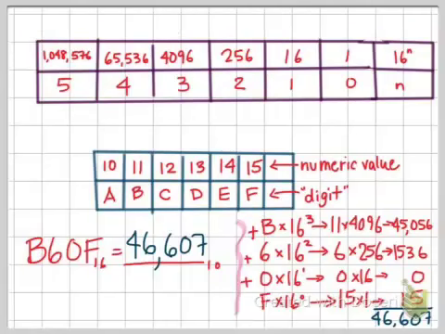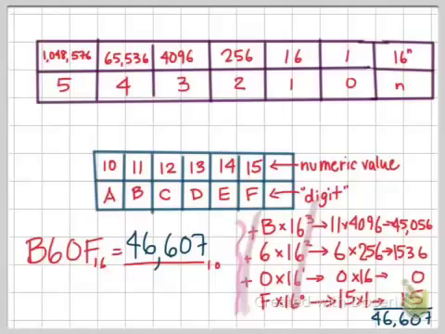Now we're about to go the other way, the harder way, and what is important to remember is that when we did this, we did not skip any powers of 16, and the least significant figure had 16 to the 0th. And when we went this way, we added them all. So now we're going to go the opposite way.